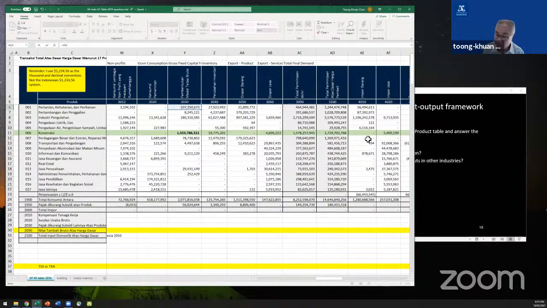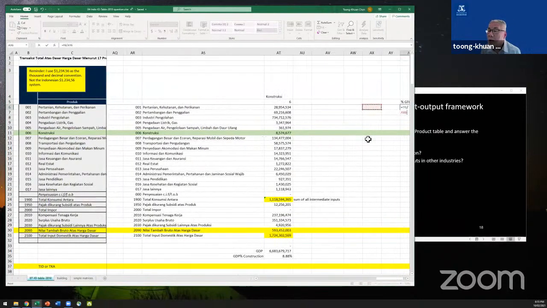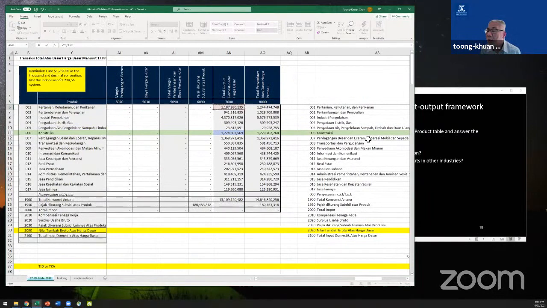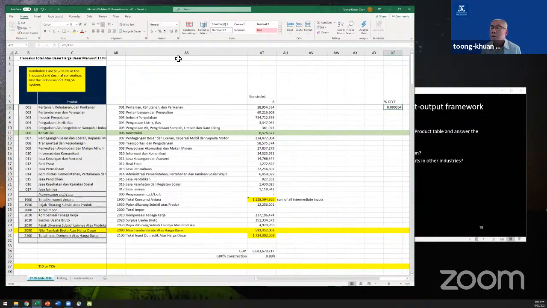This one divided by total output domestic. Okay, this one. Oops. Very small. Very small. Pertanian. Pertanian is always very small. Don't worry about pertanian.